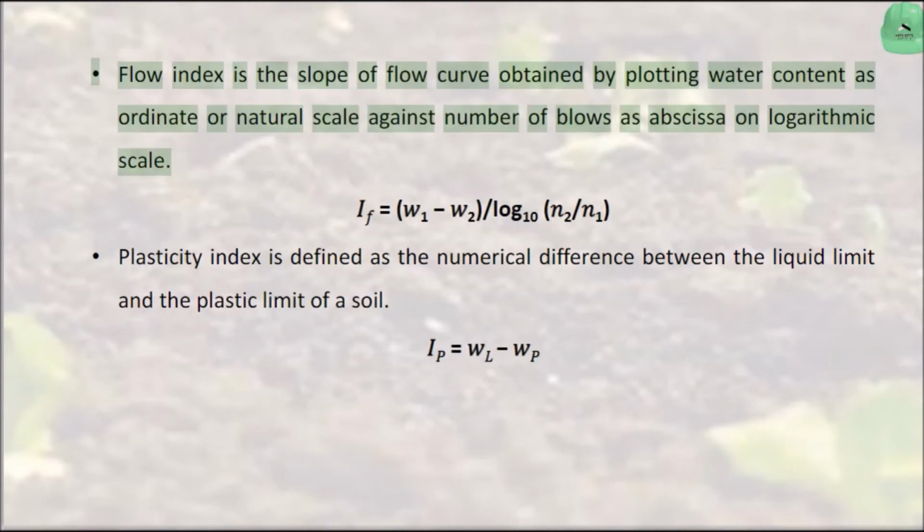Flow index is the slope of flow curve obtained by plotting water content as ordinate on natural scale against number of blows as abscissa on logarithmic scale.